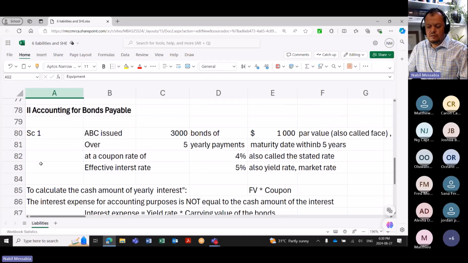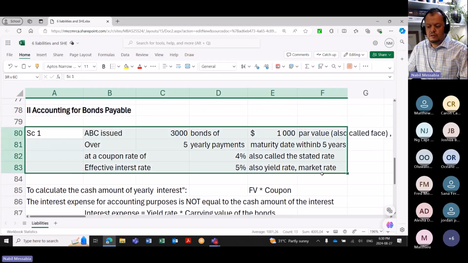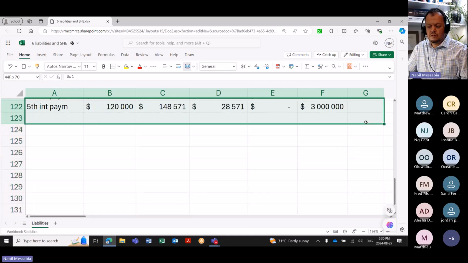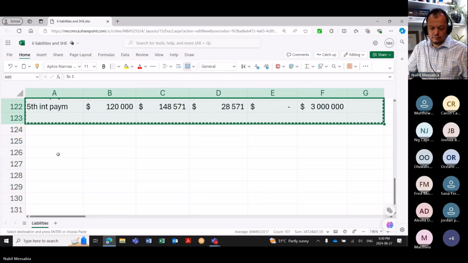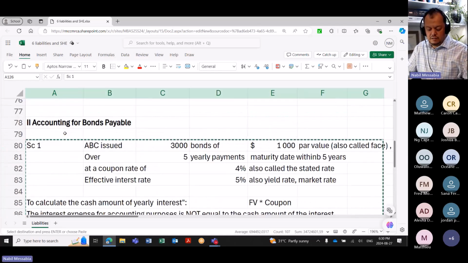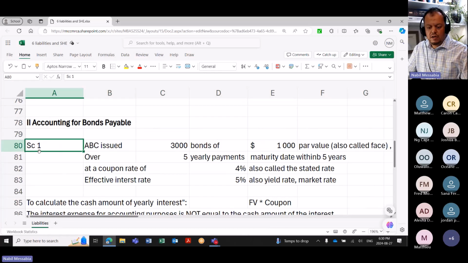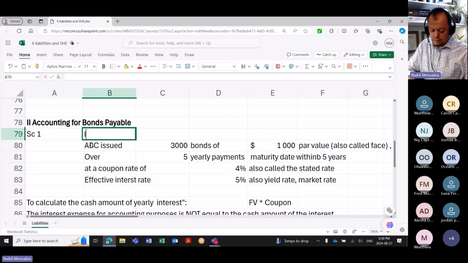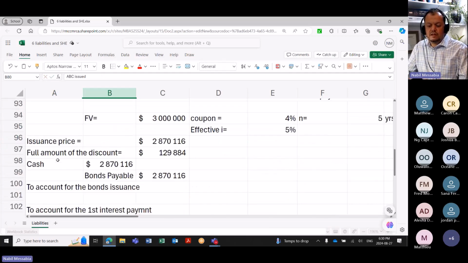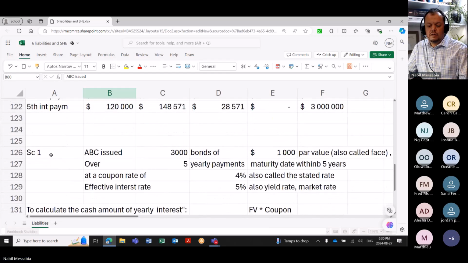I'm just going to copy all of this and show you the difference. So we will call this scenario 1 issuance at the discount. And scenario 2 will be issuance at a premium.